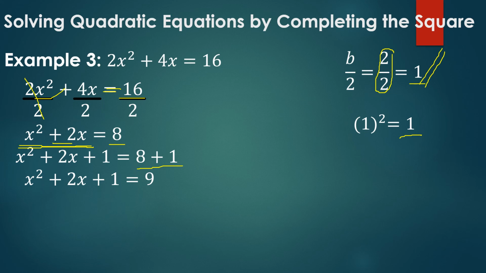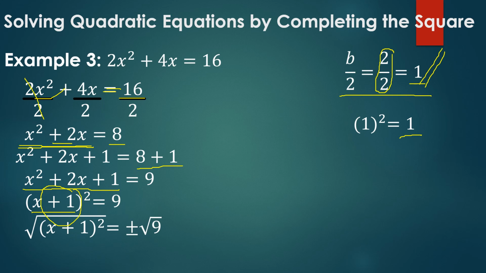Now, we are going to write this perfect square trinomial as a square of a binomial. That is, x plus 1 quantity squared is equal to 9. Saan again nakuha si 1? Kay b over 2, which is equal to 1. Now, let us apply the extracting square root. We are going to take the square root of both sides of the equation.